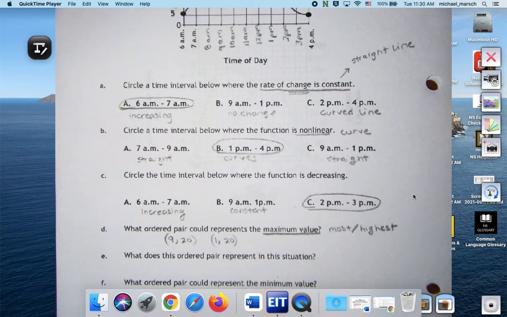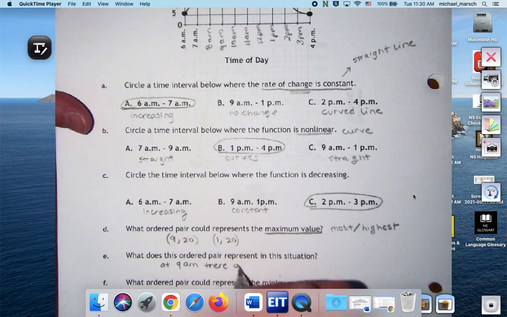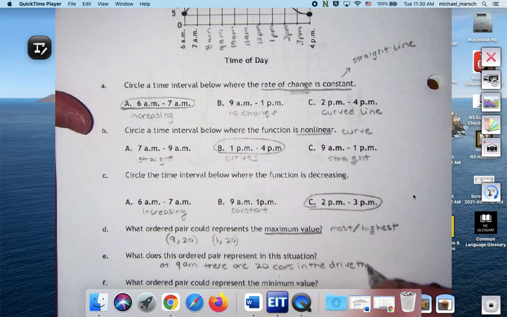What does it represent? What does the 9 stand for? What does the 20 stand for? Okay, so I would say at 9 a.m. there are 20 cars in the drive-thru. Sure.